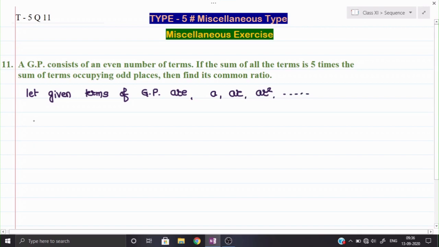Okay, now first we will find out the sum of all terms, which is equal to a into the bracket r to the power n minus 1 upon r minus 1.